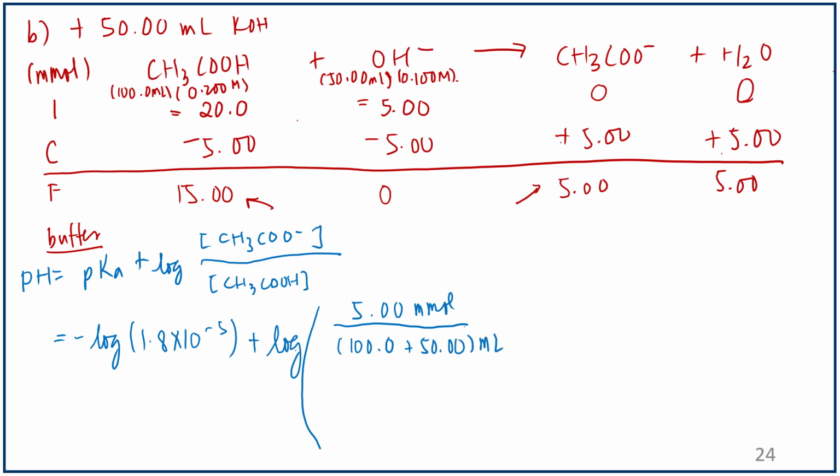Alright, and then divided by, for the acid, 15.0 millimoles divided by 100.0 plus 50.00 ml.